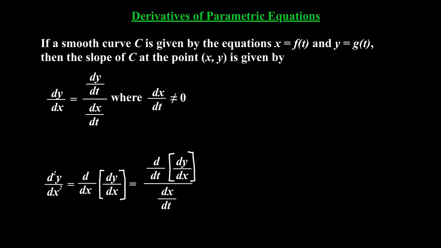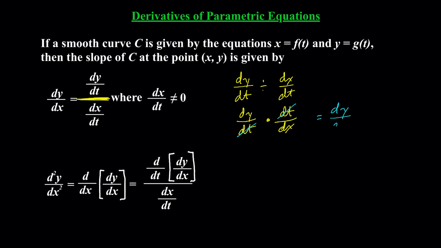The reason is that if you think of this as a division symbol, if you take dy/dt and divide it by dx/dt, when you divide by a fraction, you multiply by its reciprocal, and the dt's would cancel, which gives you dy/dx.